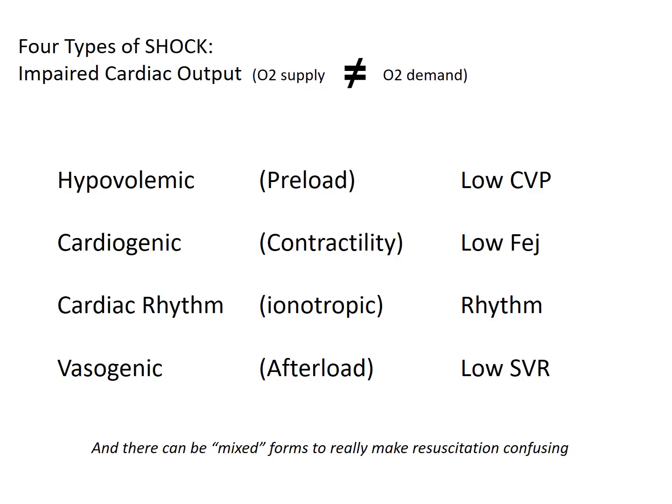That would be measured by a loss in systemic vascular resistance, where blood vessels just kind of vasodilate up. And then we can have mixed forms of shock where we can kind of mix this up and combine it. And that gets really confusing when we have a patient who's not in a pure form of shock, but more of a mixed form of shock.